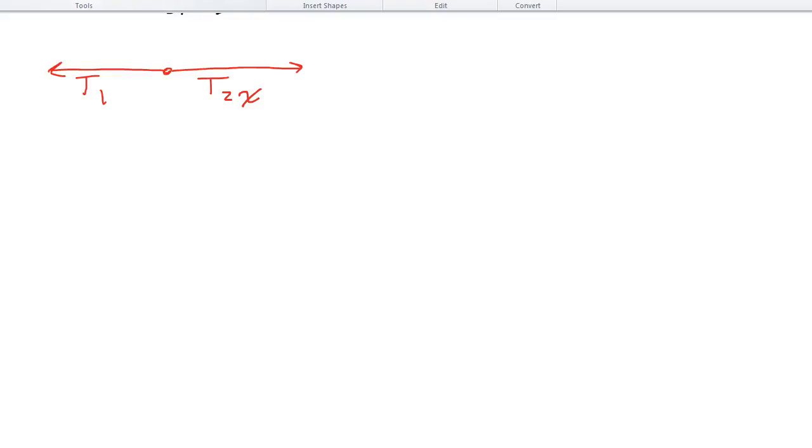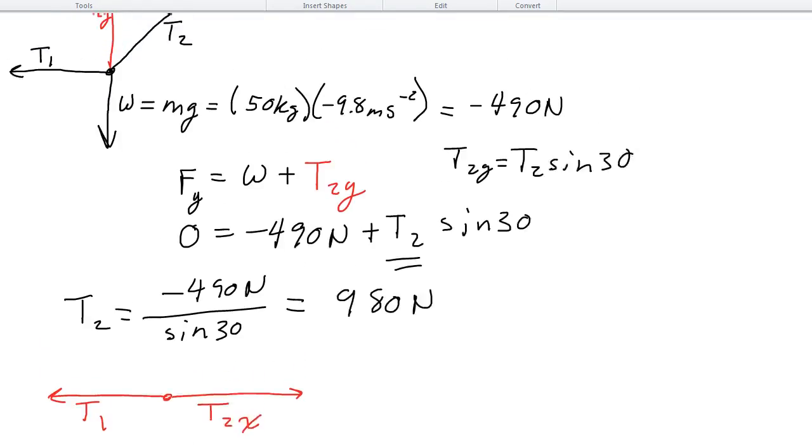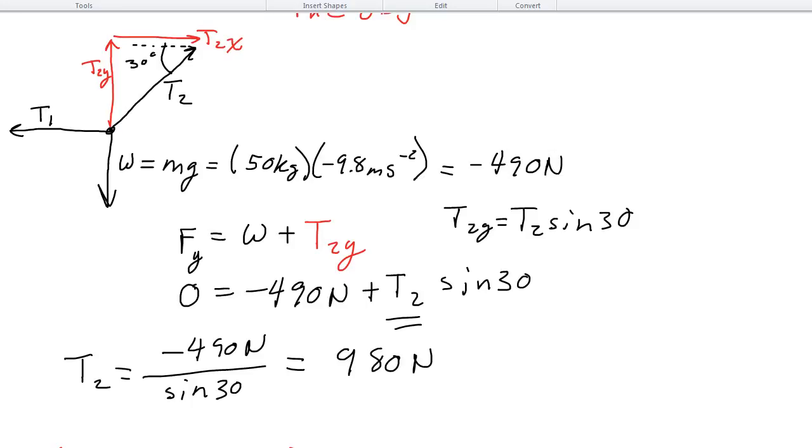And so if we solve this, we know from our previous work that T2 is equal to 980 newtons. And so I know that the force in the x direction is equal to T1 plus T2x. And I know, if I look at my free body diagram, that T2x is going to be equal to the cosine of 30 degrees times T2.